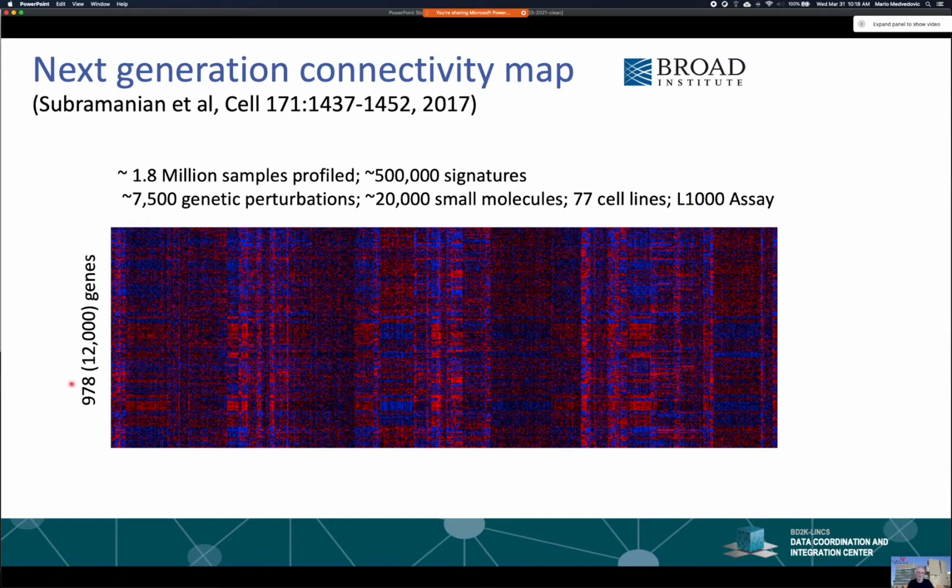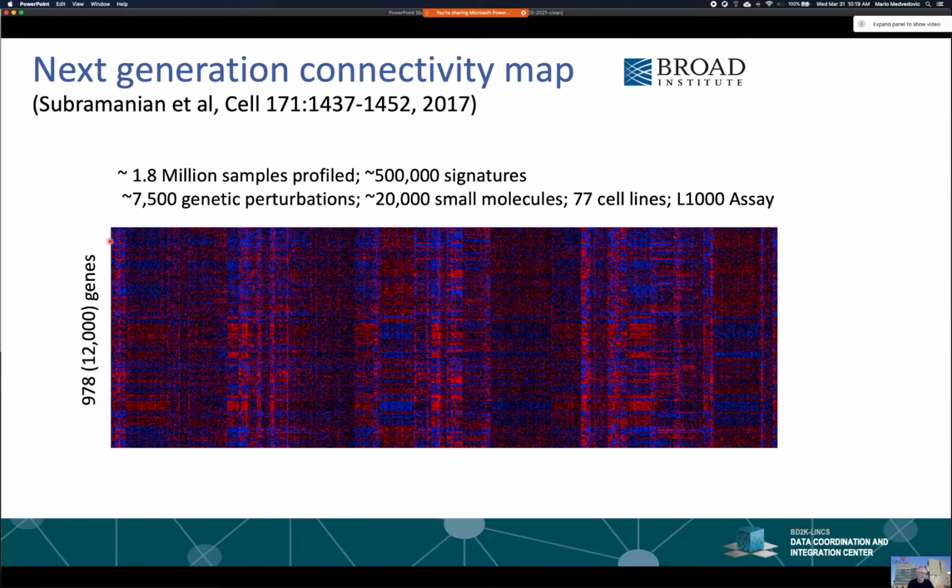And so we have this huge matrix of transcriptional signatures. Each row is a gene. Ultimately, let's assume that we have 12,000 genes. The story is a little bit more complicated, but I'm not going to get into details of the technology that was used to profile here. So we have readouts on 12,000 genes, 12,000 rows, and each column is one of the signatures, one of these 500,000 signatures.